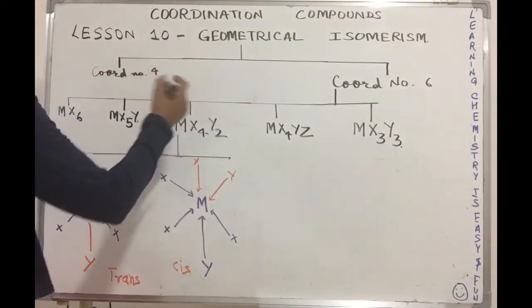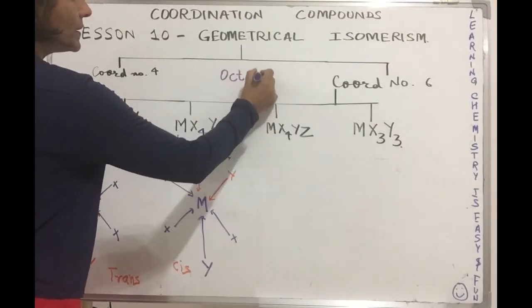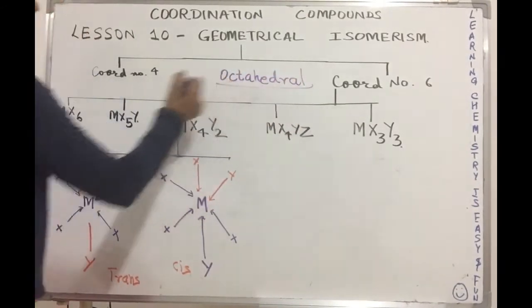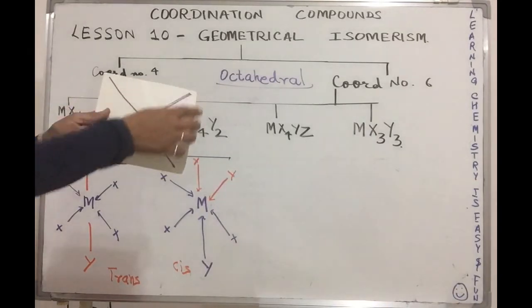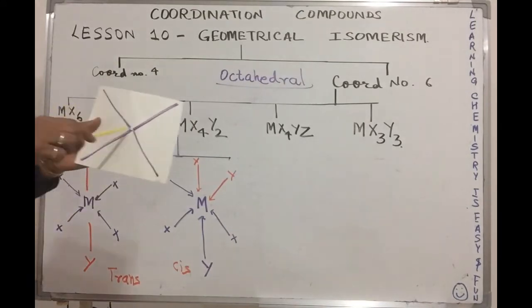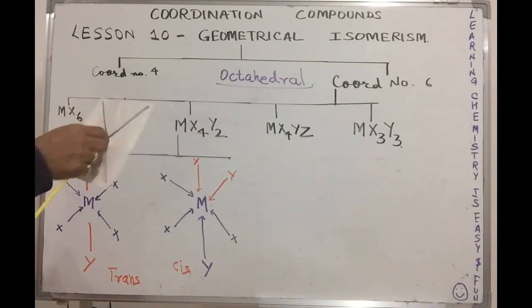Before we go on to coordination number 6, you have to remember that we talked about the octahedral shape of these coordination compounds. So what was there was that we have 4 ligands in one plane and 2 ligands, one above this plane and one below this plane.